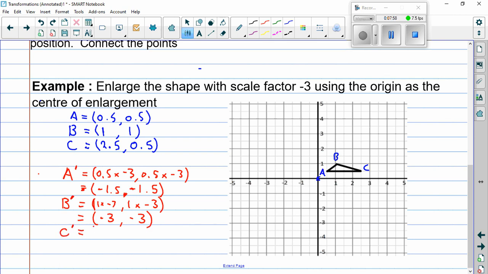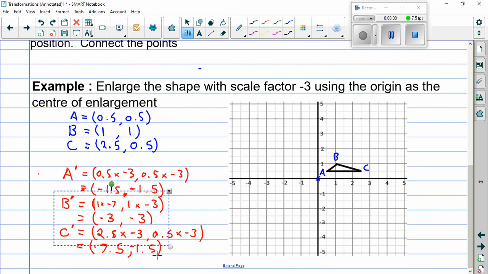And lastly, 2.5 times negative 3, and 0.5 times negative 3. That'll give us, well, 2.5 times 2 is 5, and then plus 2.5 gives us 7.5. Don't forget to put the negative. And 0.5 times 3 is, again, 1.5 in the negative.